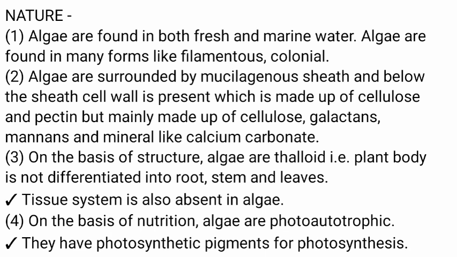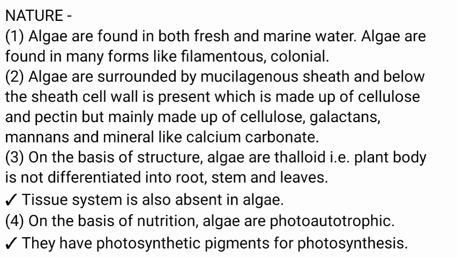Nature of algae. Generally, algae are found in both fresh and marine water. Algae are found in many forms like filamentous, colonial. Algae are surrounded by a mucilaginous sheath, and below the sheath, the cell wall is present.